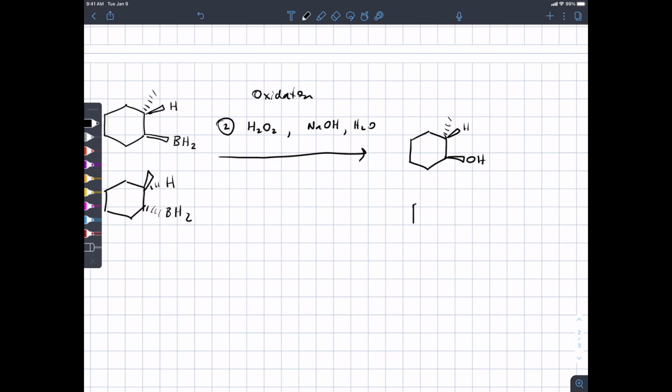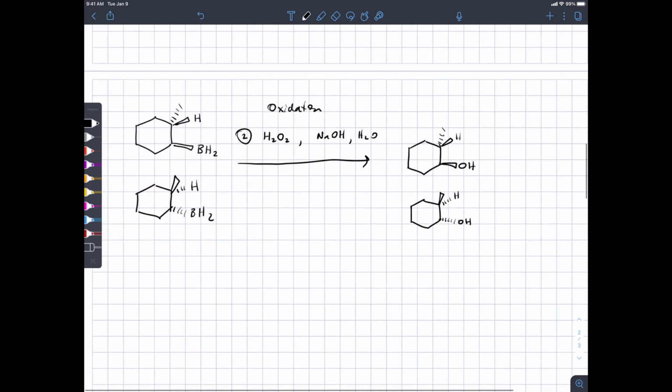So this is going to look like magic alakazam chemistry because we're simply swapping out the BH2 for an OH group. And I could show you how that happens, but it's not important for this class. So this reaction you probably will need to memorize. All this does is it replaces BH2 with OH and does not change stereochemistry.